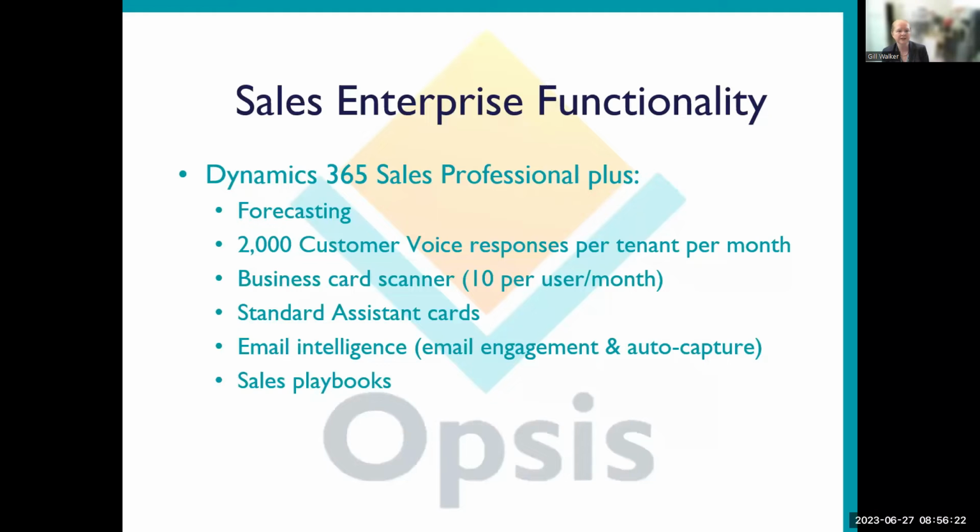Above 2,000, if we need more than that, we can also then purchase additional to the basic license. We can purchase more. We also get the ability to enter data without typing it using a business card scanner, and I'll demo that to you later on.